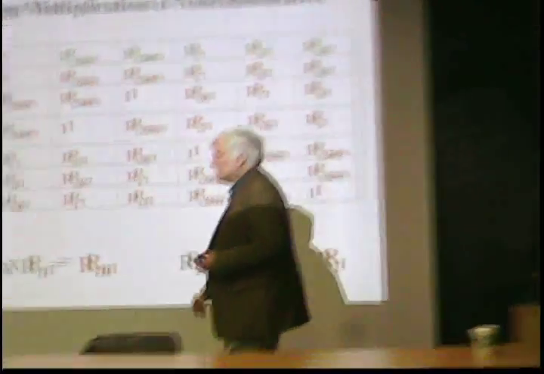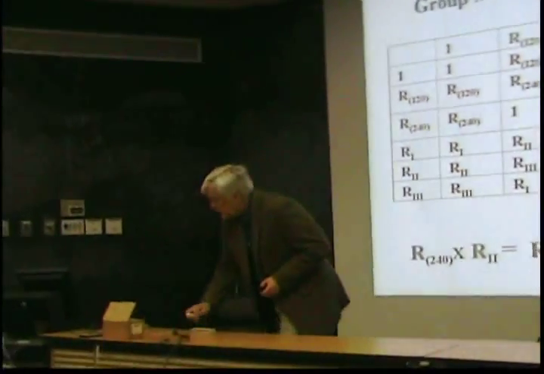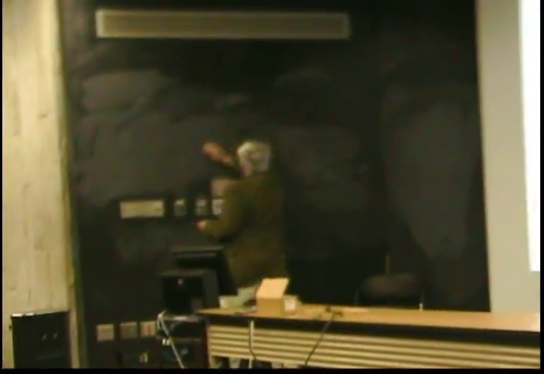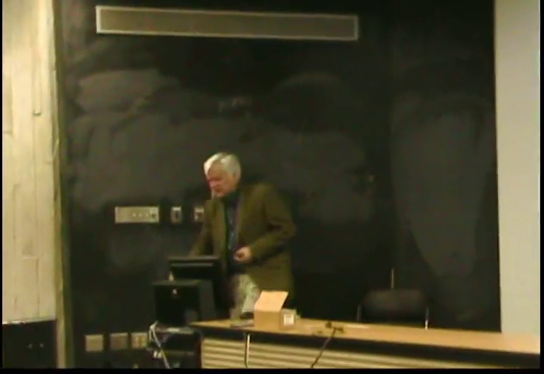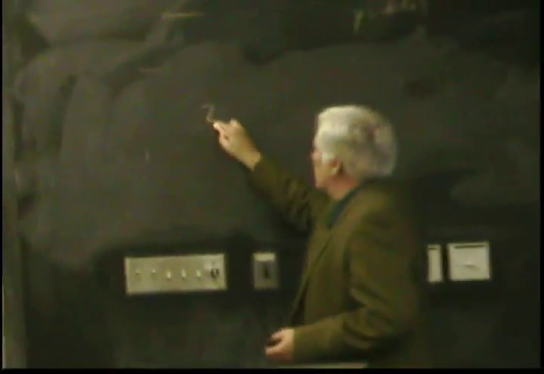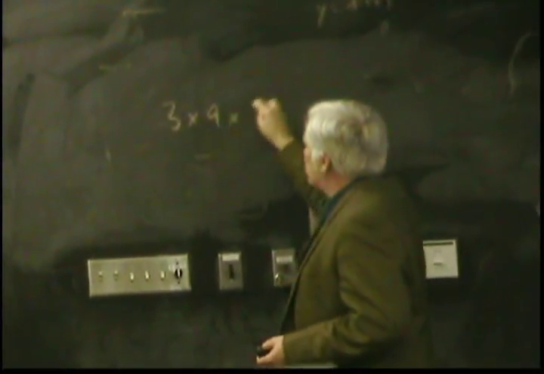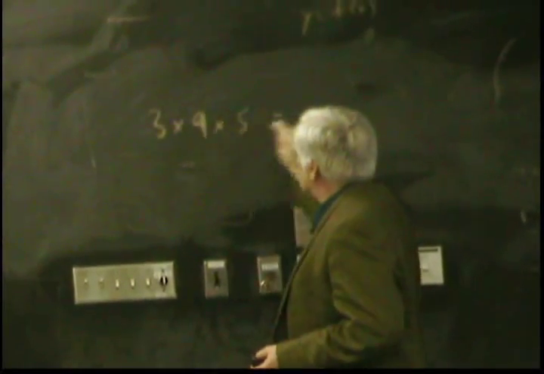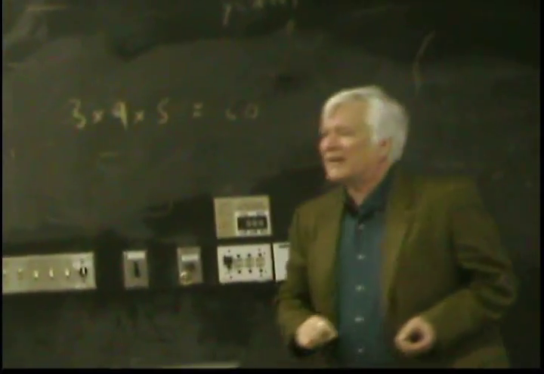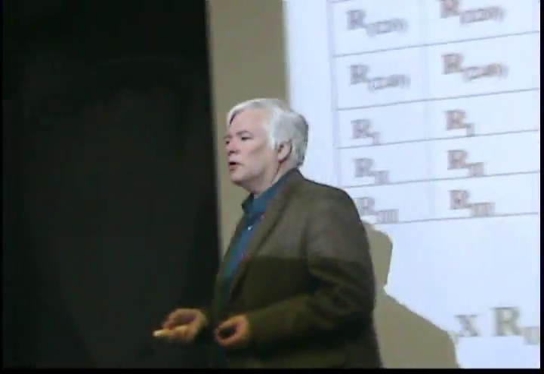But it shows you how subtle the concept of associativity is. Let's think about that for a moment. Well, you know from school that 3 times 4 times 5 equals, what, 60? That doesn't matter as to how you do the multiplication.